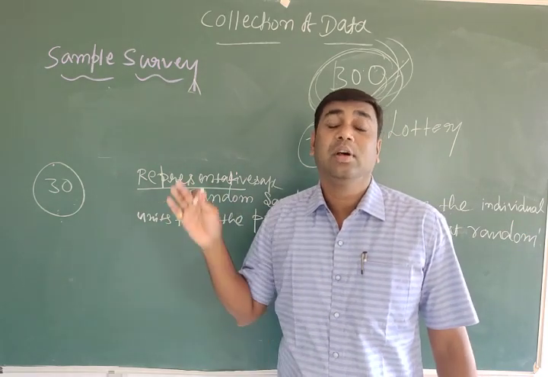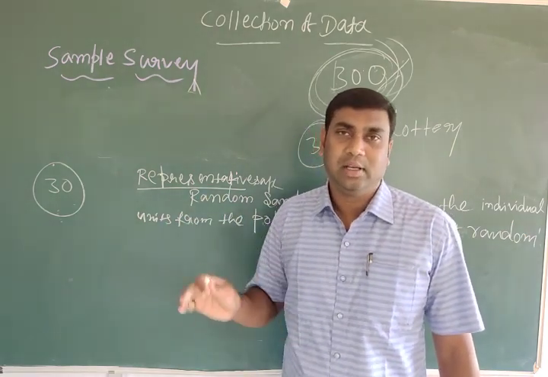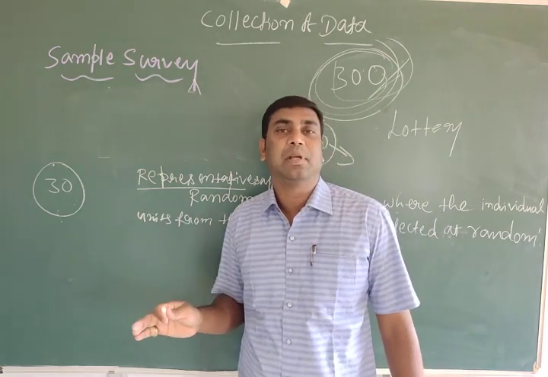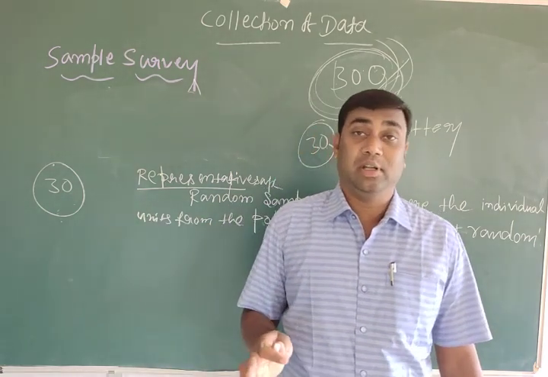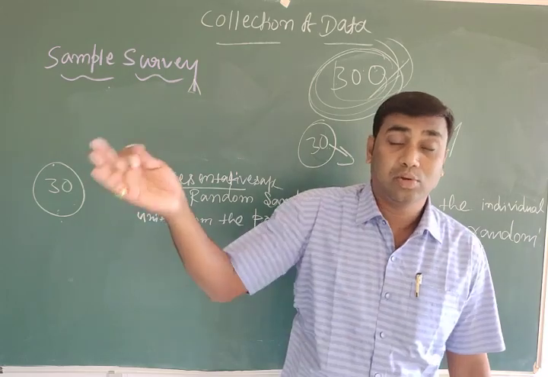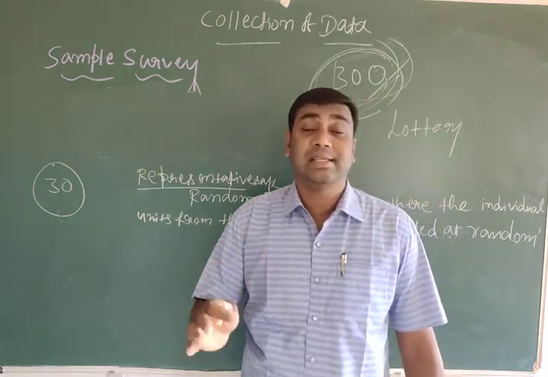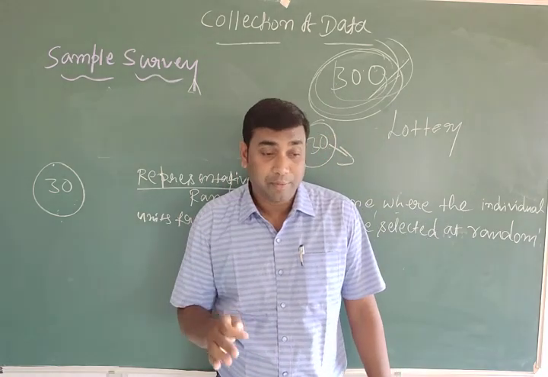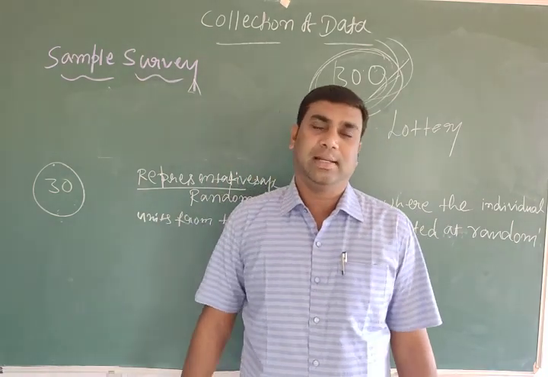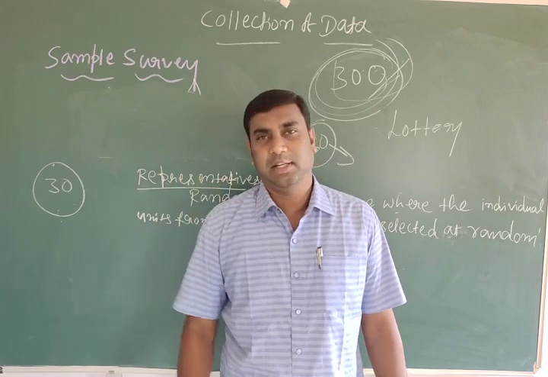How many? 30. That is called the lottery method. In a random sample, there is no difference between those selected and not selected; every individual has an equal chance of being selected.